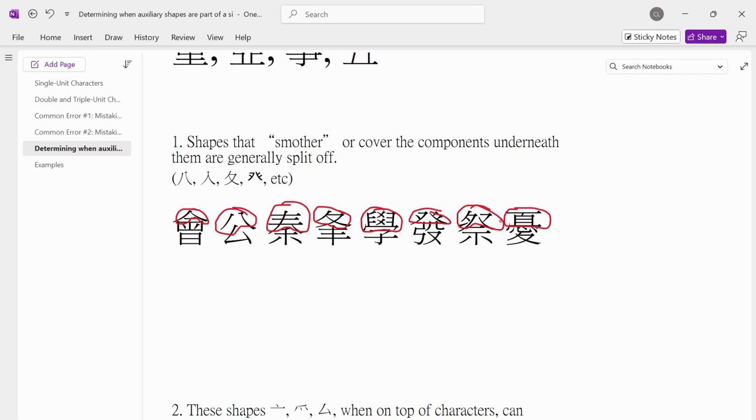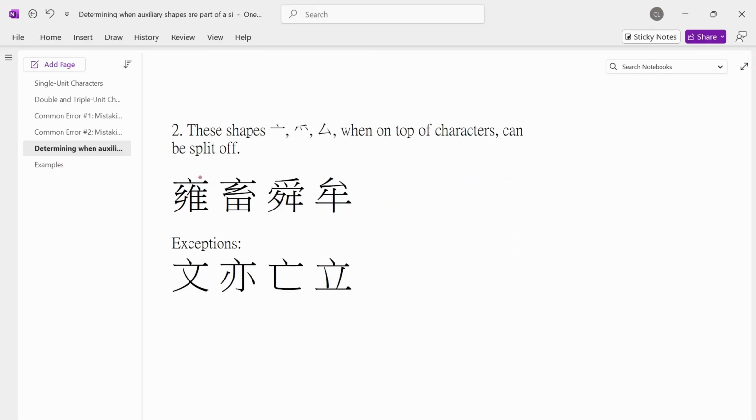So each of the shapes that are circled in red are considered one unit. Next, these shapes, when on top of characters, can be split off. Again, everything circled in red is considered one unit.